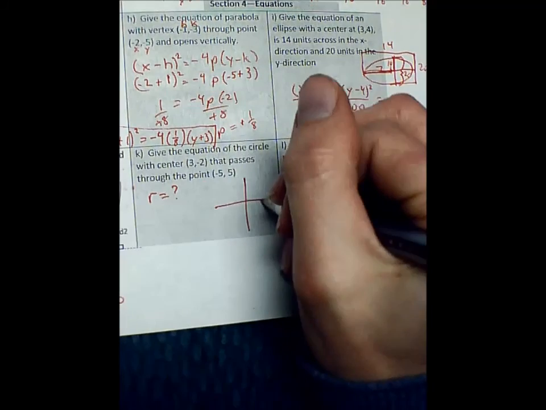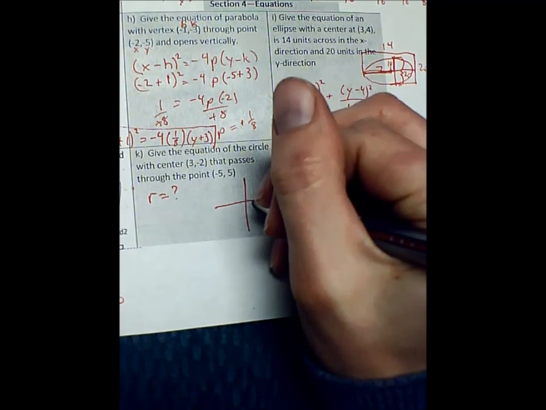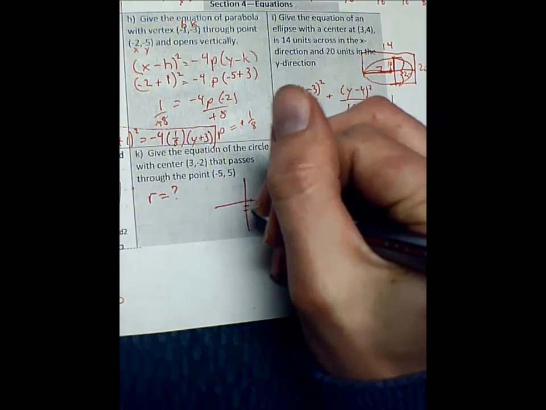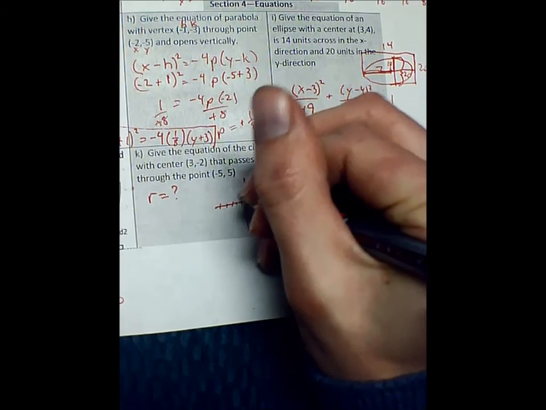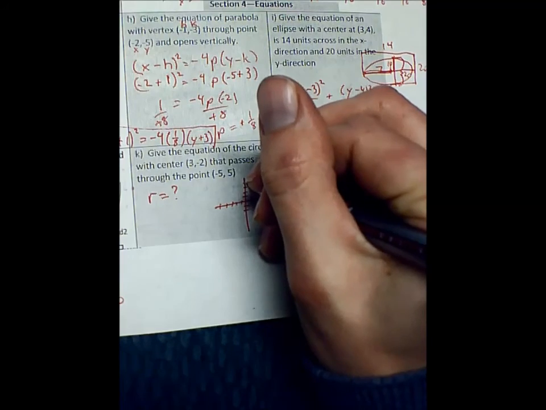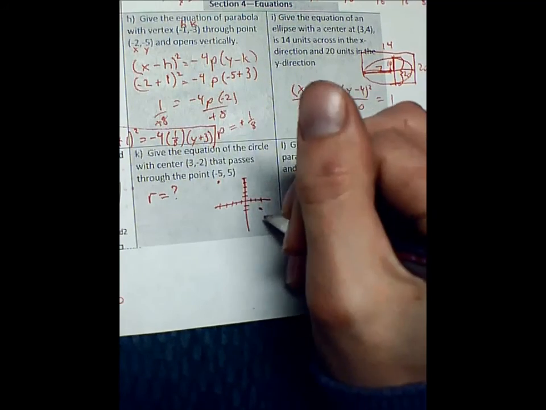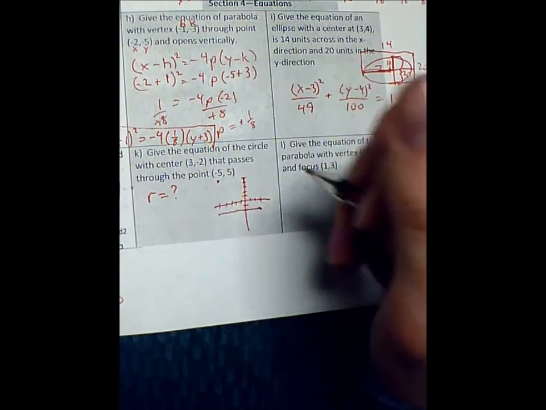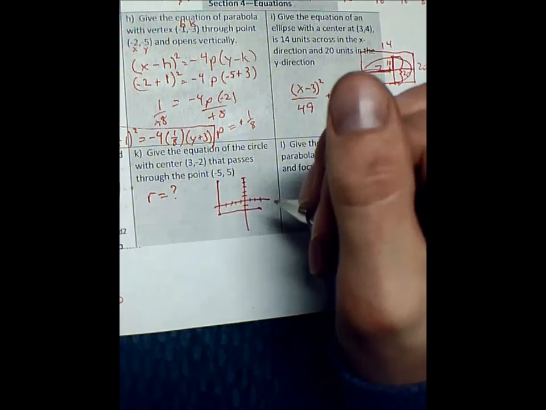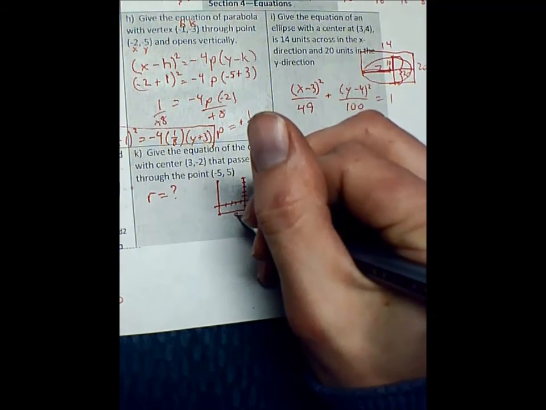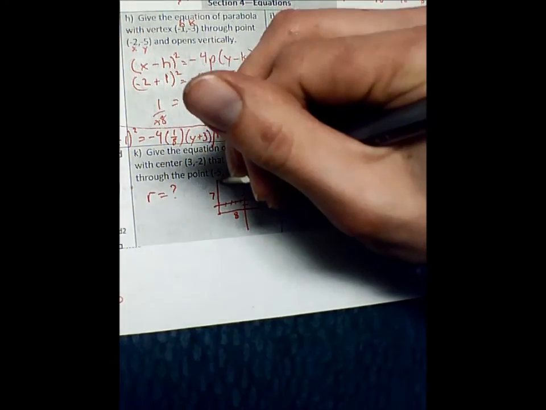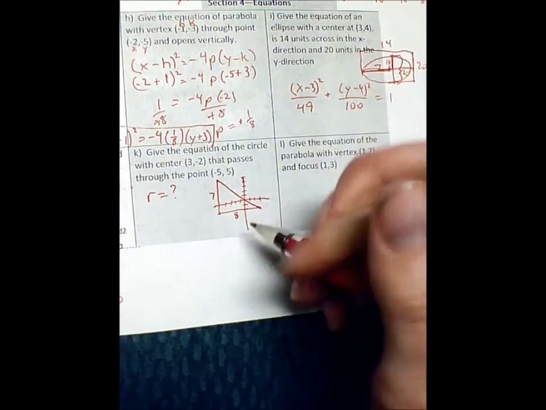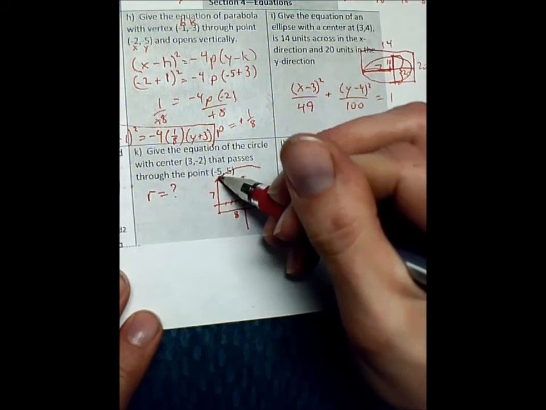So let's draw these. 3, negative 2, and then negative 5, 5. So to do the Pythagorean theorem, I need my rise and my run. So my run is 8, my rise is 7. And then this hypotenuse should be the radius of my circle.